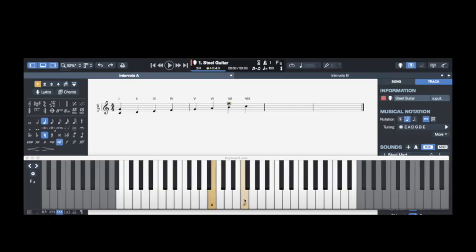Then we can just go on and analyze the sixth, and we will find out that the sixth has a minor and a major version. The same goes for the seventh. You have a minor seventh and a major seventh.